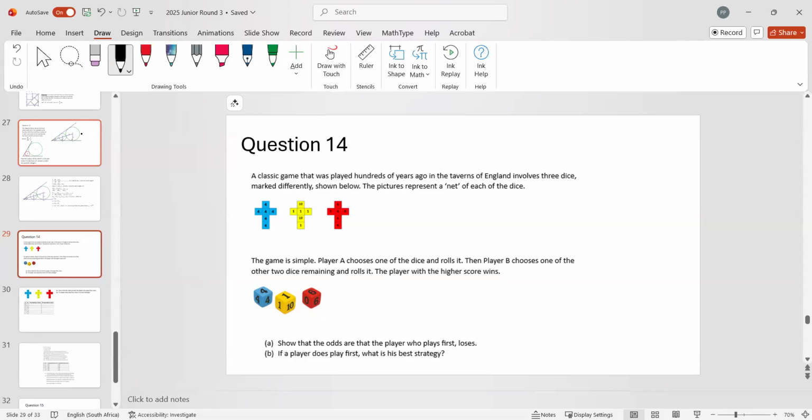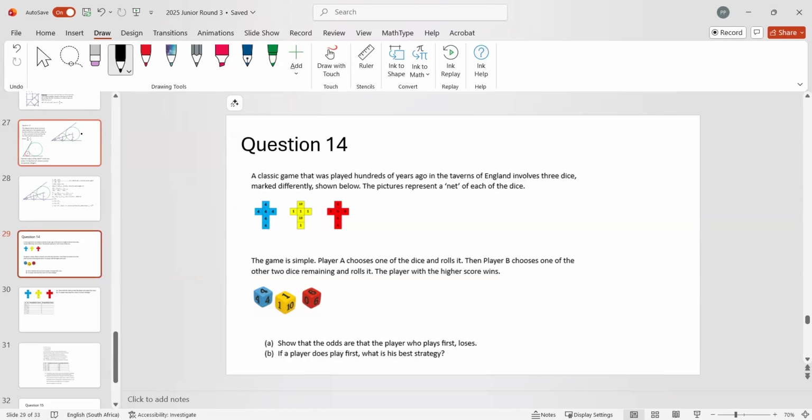Then player B chooses one of the other 2 dice remaining and rolls that. Now you'll notice that the total here is 4 sixes, which is 24. Here you've got 2 10s, which is 20, plus 4, which is 24 again. And here you've got 4 sixes and 2 zeros, that's 24. So all the totals are the same.